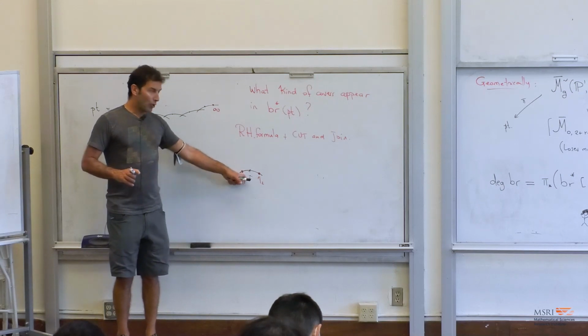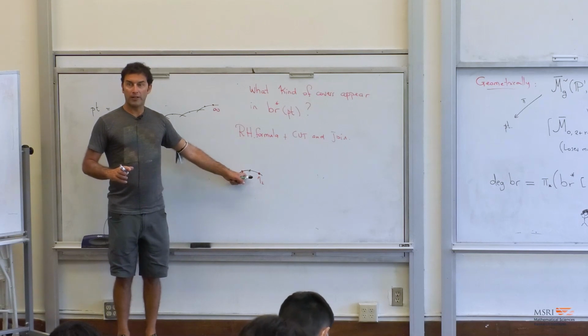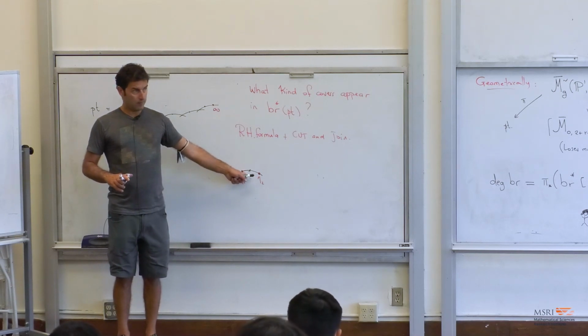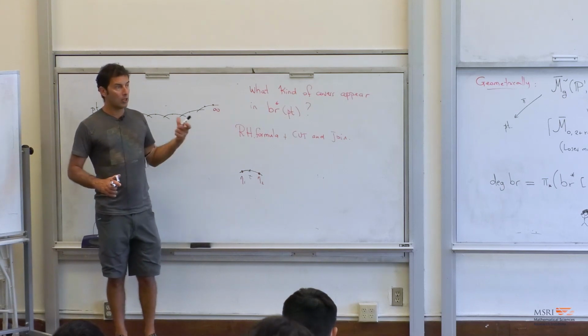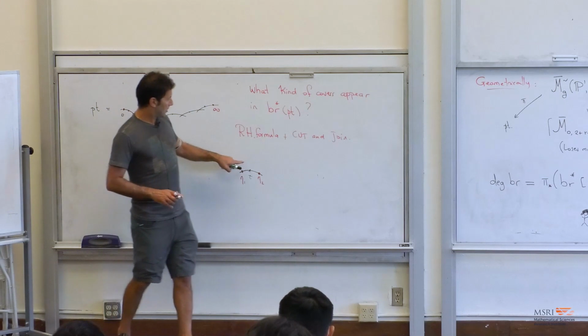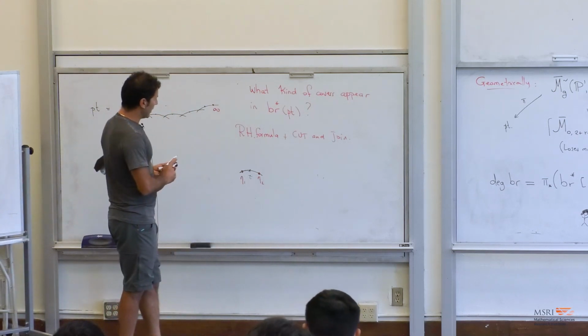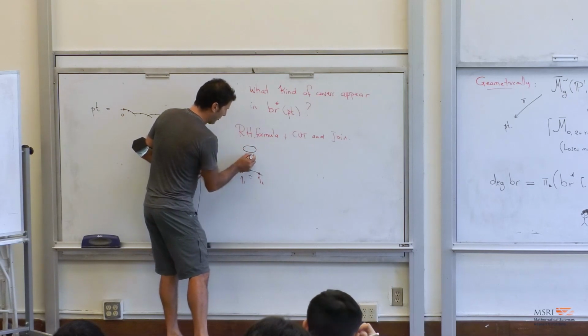And the Riemann-Hurwitz formula will tell me that the genus of this cover is pretty darn negative. And in fact, it's so negative that the only possibility that I have is that the cover that I have over here is a bunch of trivial genus 0 components.